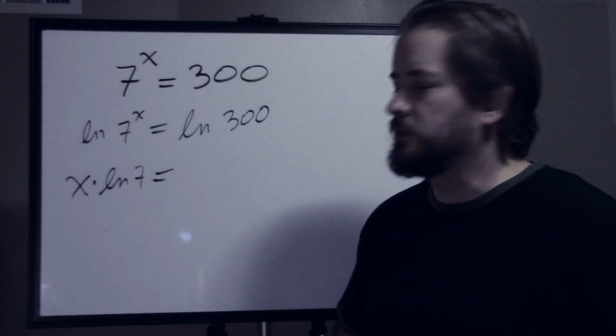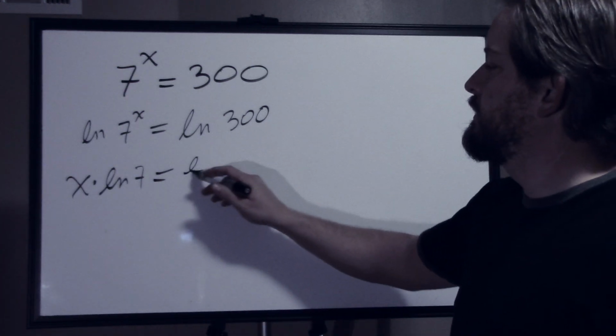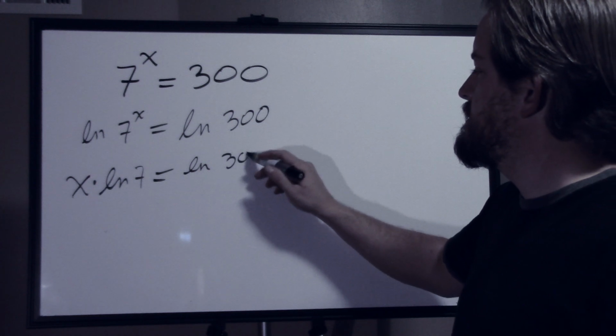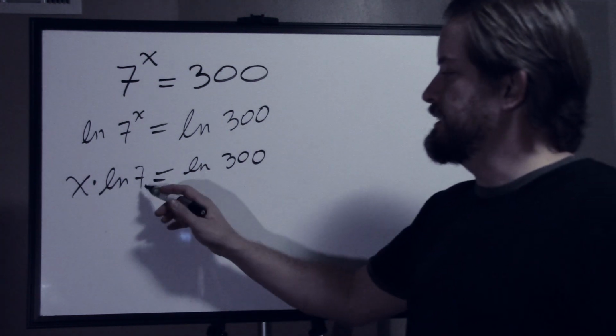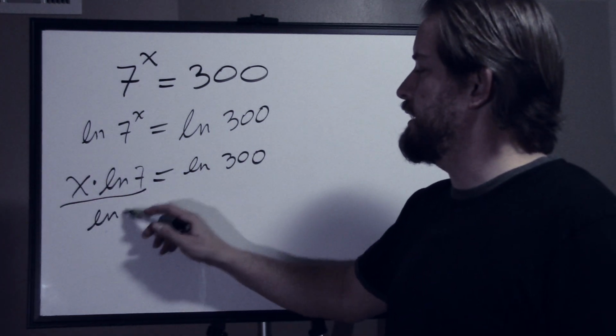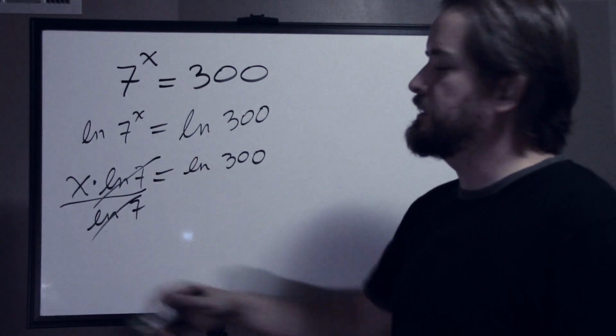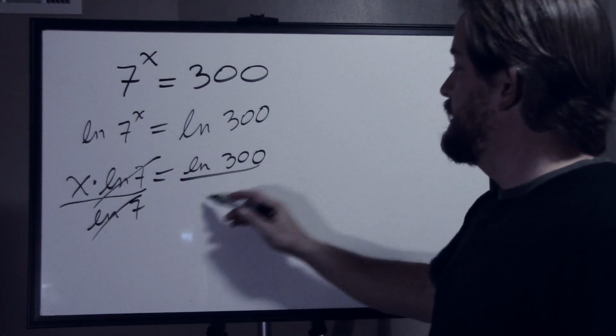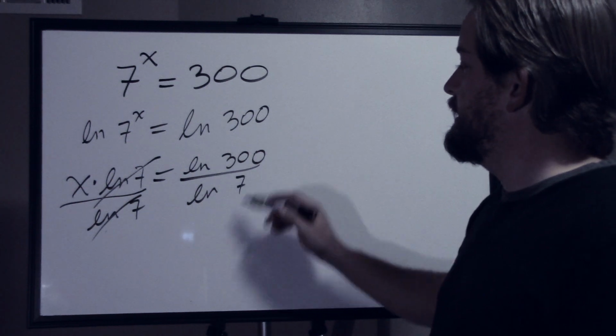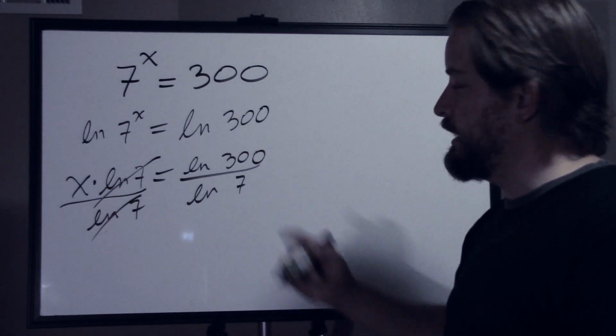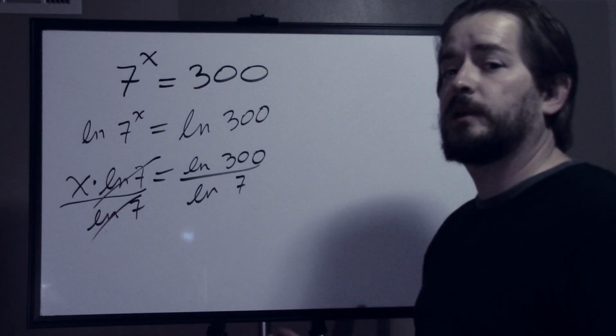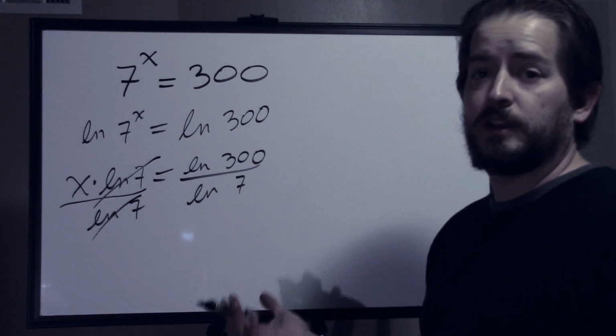Something close to 2. But since it's just a number, that means I can divide it, and it cancels out of the left-hand side, divide it to the right-hand side, and my x is then just whatever the natural log of 300 divided by the natural log of 7 is.